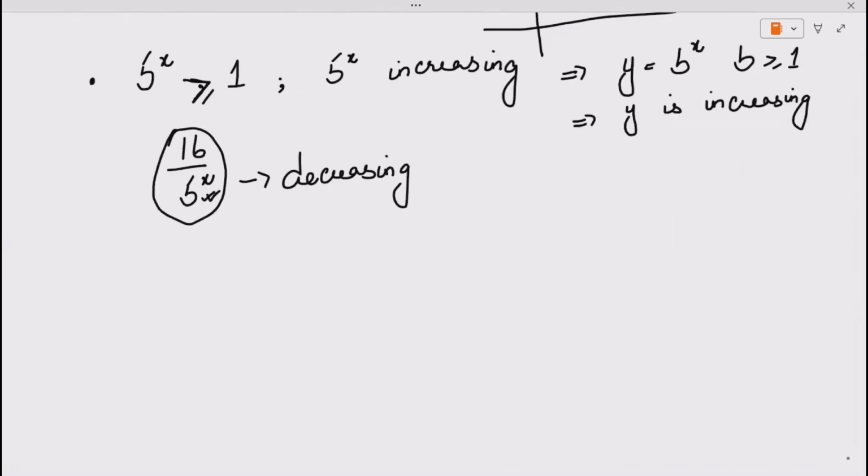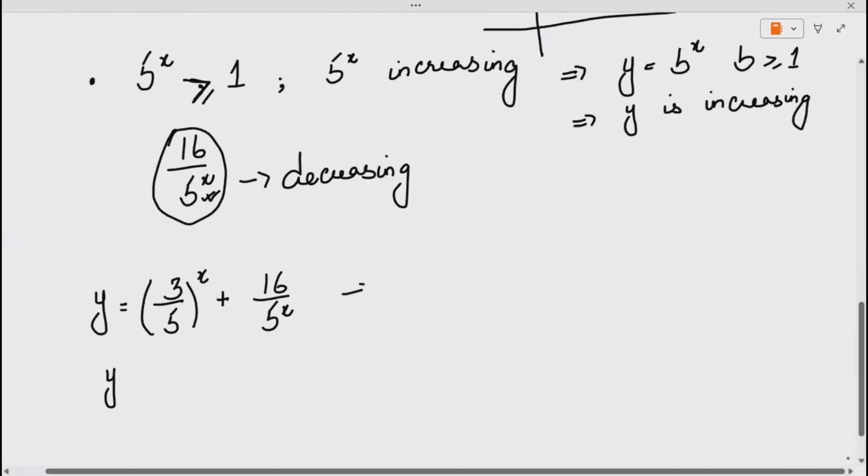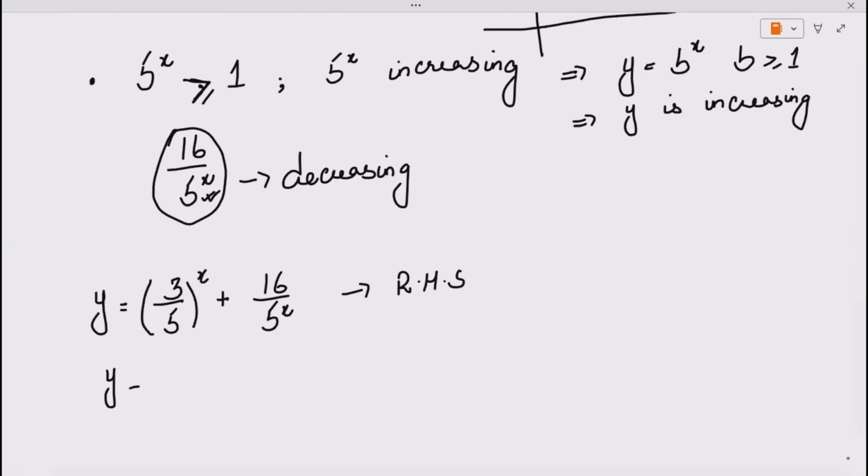Let's say the first part is (3 upon 5) to the power x plus 16 upon 5 to the power x. I am calling it y. This is our right hand side, and y equals 1, I am taking it as a function. So this is our left hand side.